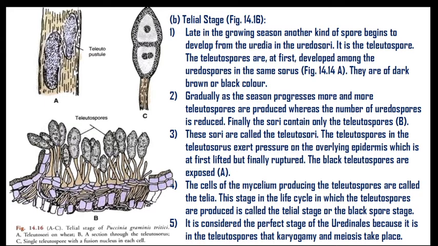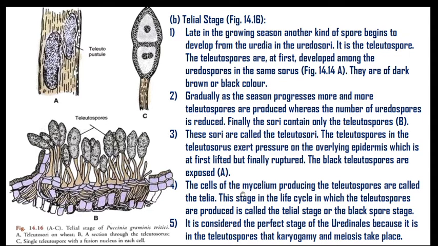Means when the Teleuto spores are developed, they develop more and more, while the Uredospore development is going to terminate, and that's why Uredospore growth is reduced. Finally, the sori contain only Teleuto spores, and these sori are called Teleutosori.